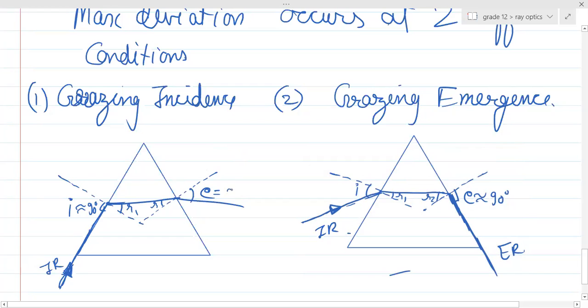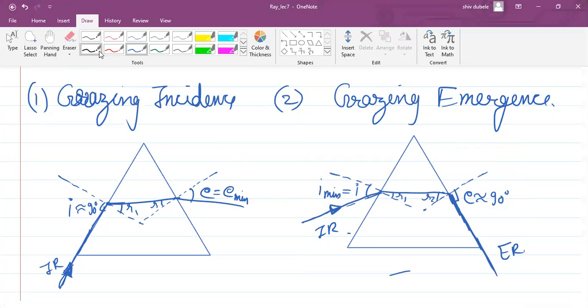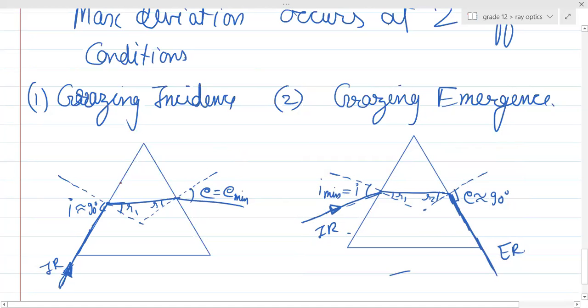This E will be the minimum possible value of E, and I will be the minimum possible value of I in this case, right? And here, when these two get minimum and maximum, if I want to draw the angle of deviation, can you see the incident ray is going like this? The emergent ray is going like this. So can you see this angle is the maximum deviation angle.